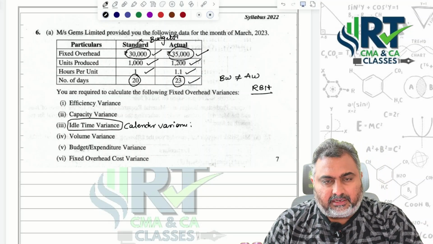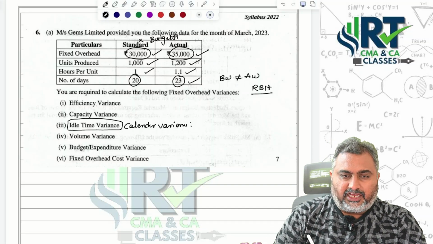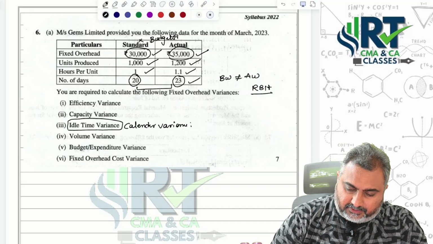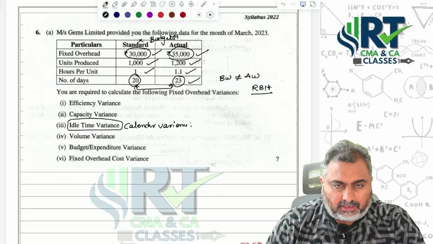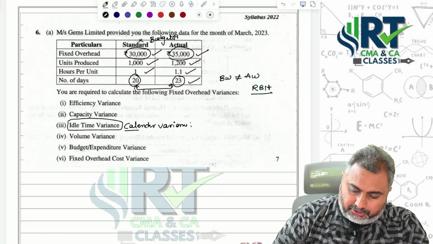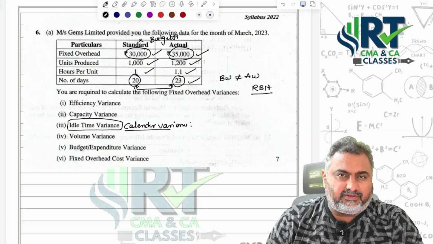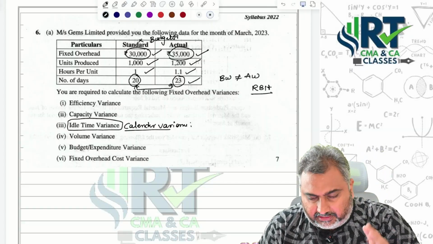This is nothing but calendar variance. Idle time variance means a time point of view difference, right? Working days difference. That's the reason for idle time. So how many days you are idle. But the right word to use is calendar variance itself. Idle time variance means nothing but calendar variance itself.